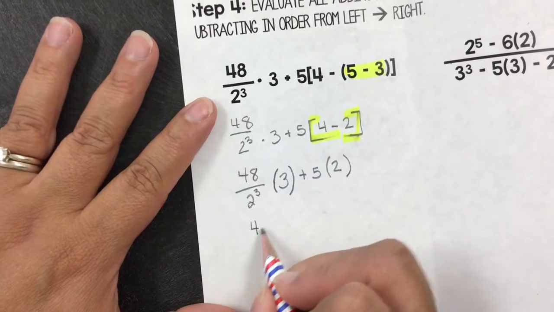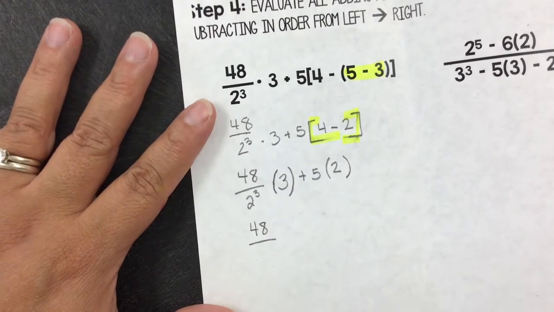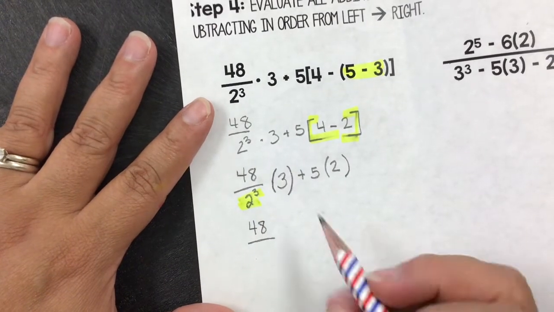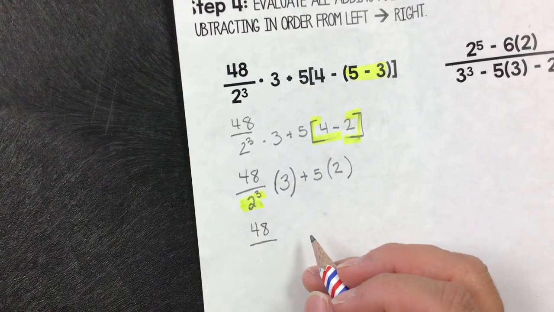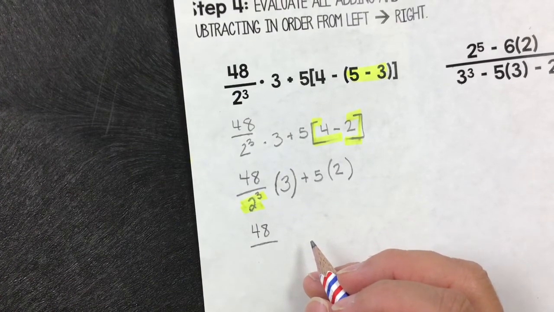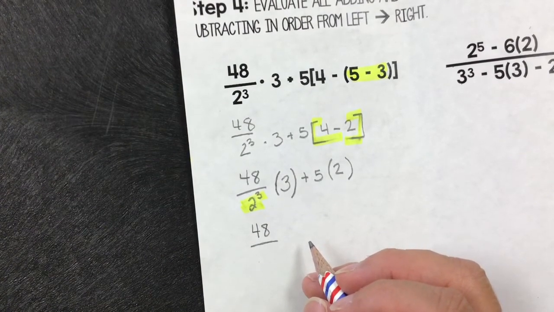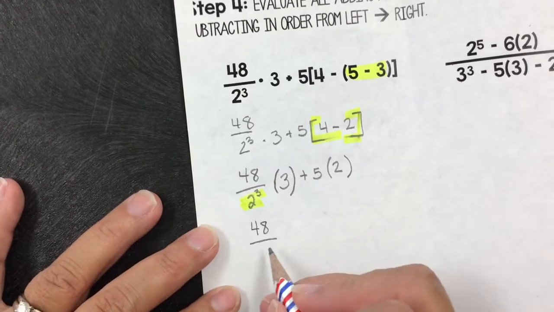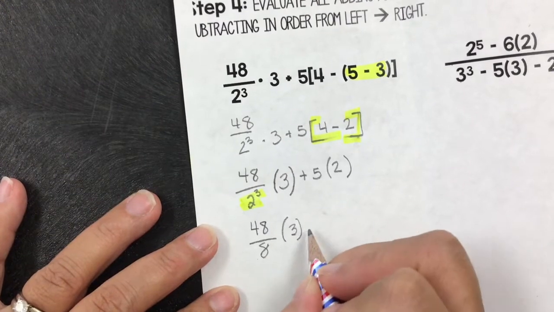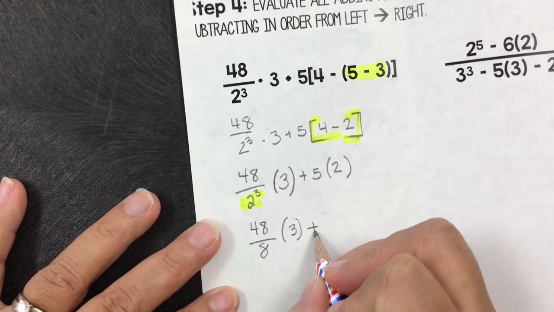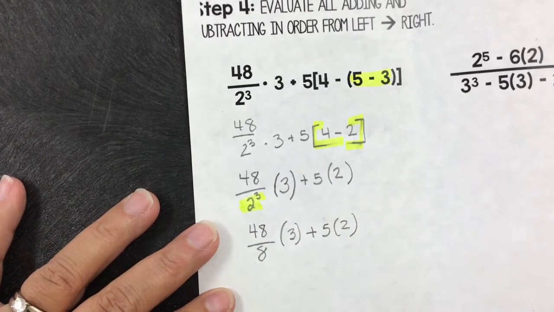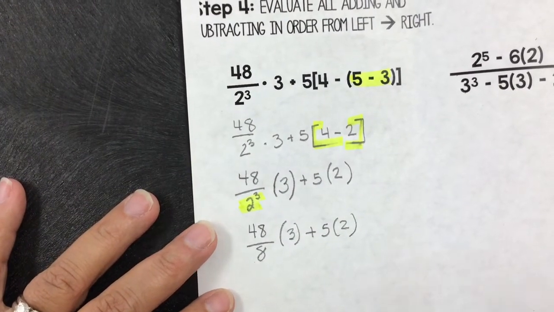So we have 48, and what we did was the 2 cubed, and I'm going to get my calculator, or you can do 2 times 2 times 2, so you could get the 2 cubed, which is 8. That's still being multiplied by 3, and we're still going to add 5 that's multiplied by 2. Okay, so we did the exponent.